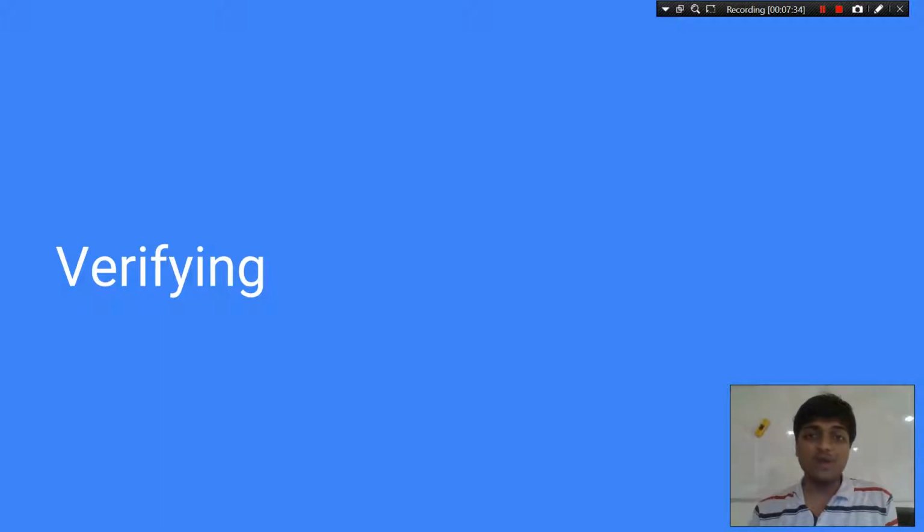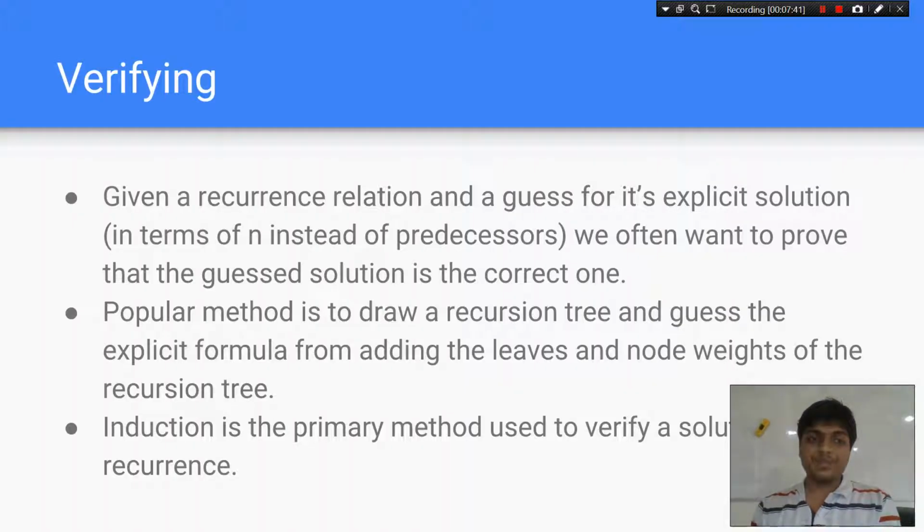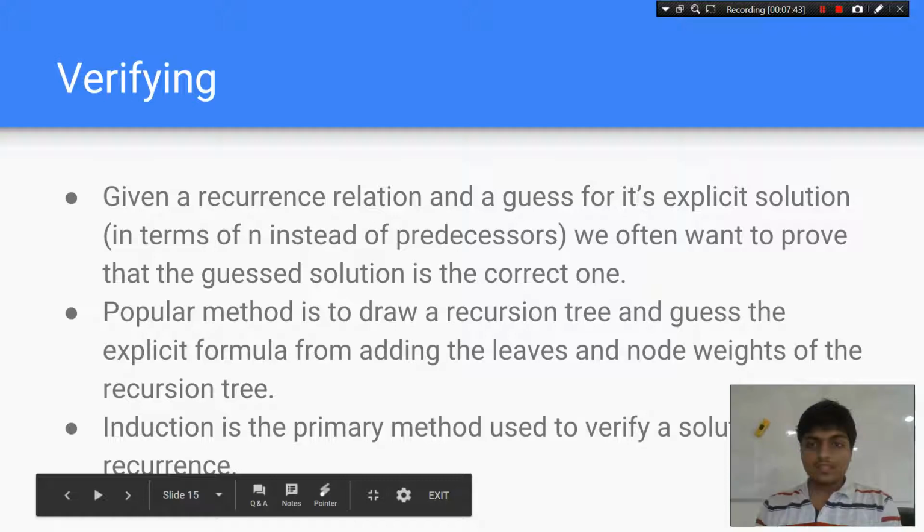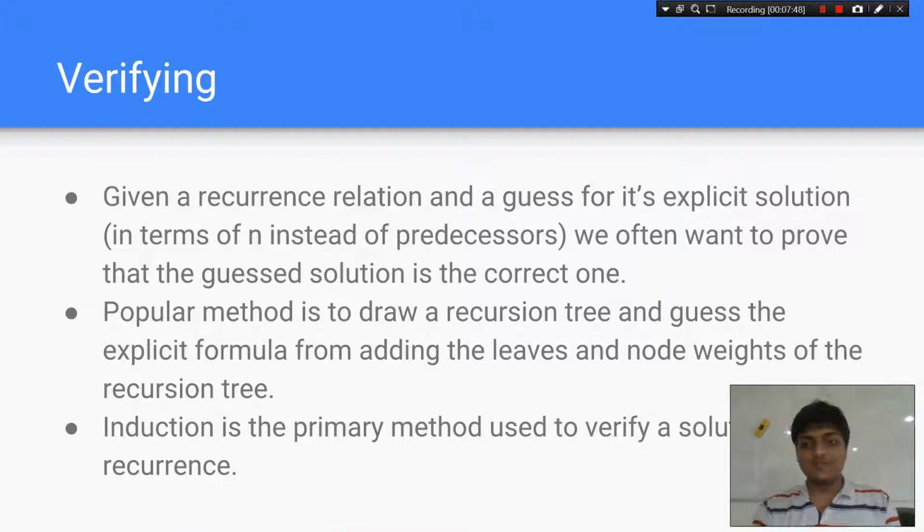So next I'll show you how we verify whether a solution that we guessed is accurate or not. So given a recurrence and a guess for its explicit solution, we often want to prove that the guessed solution is the correct one. This is a very commonly used technique in recursion, because in general, coming up with the answer is more complex than finding out whether this answer is the correct one or not, okay?